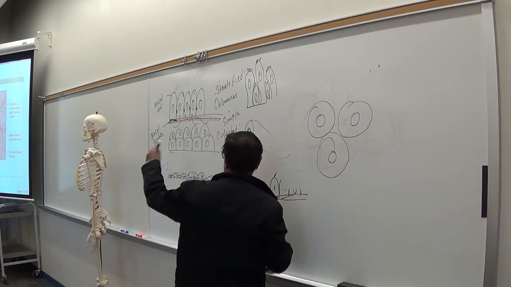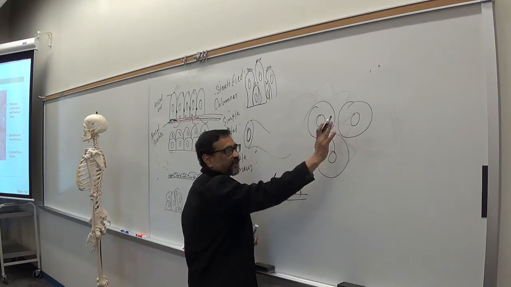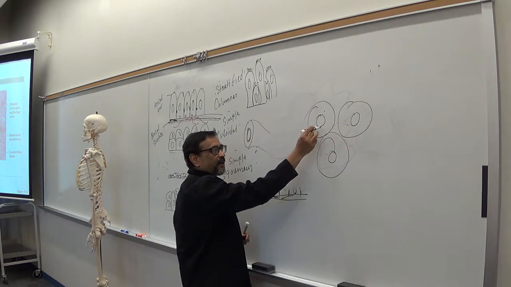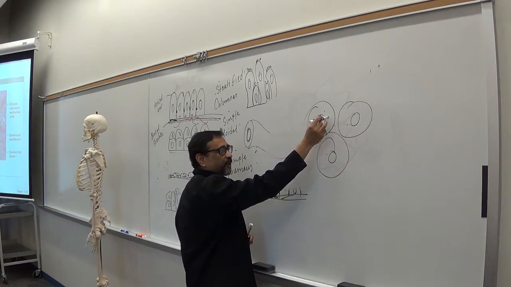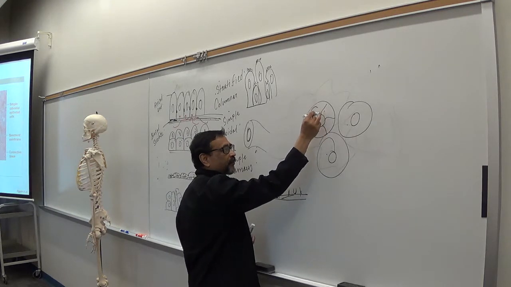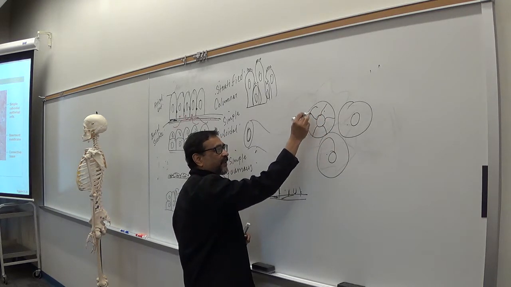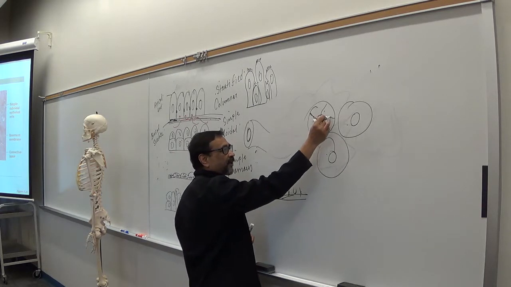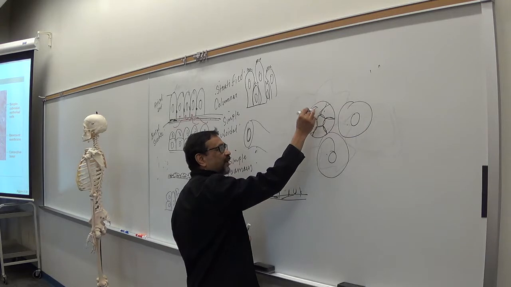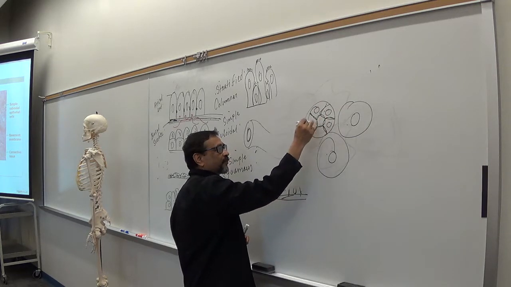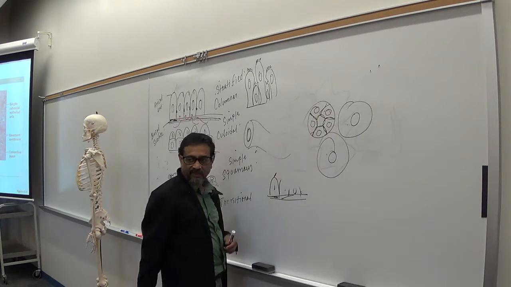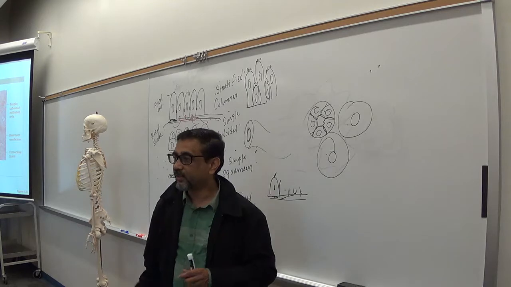In the wall of these tube-like structures you have cuboidal cells. This is a cuboidal cell here, this is another cuboidal cell, this is another, like this, nucleus. So a single layer of cuboidal cells. That's why it is called simple cuboidal.